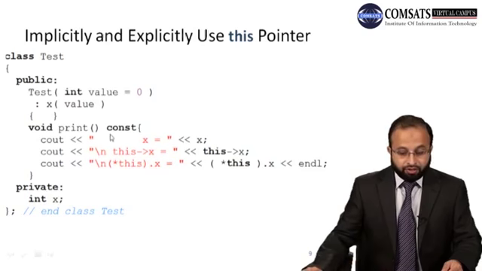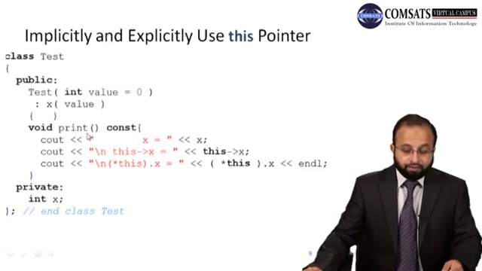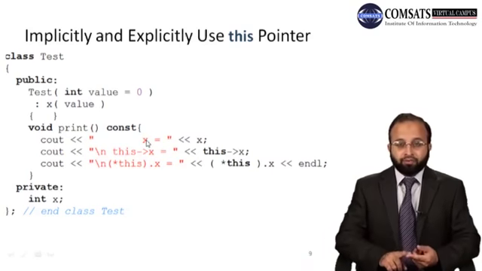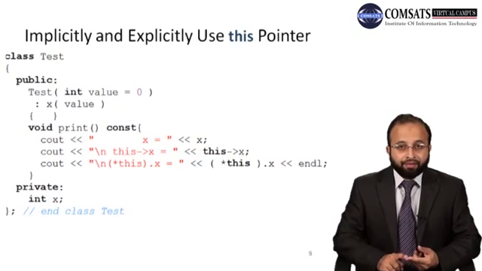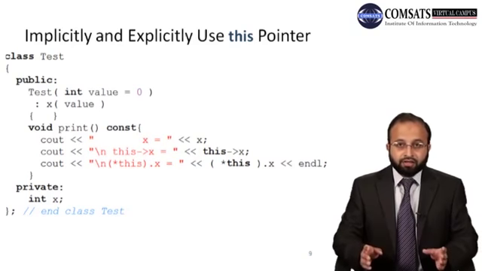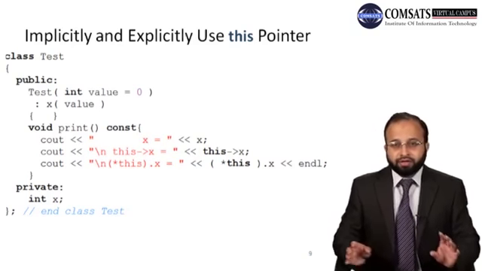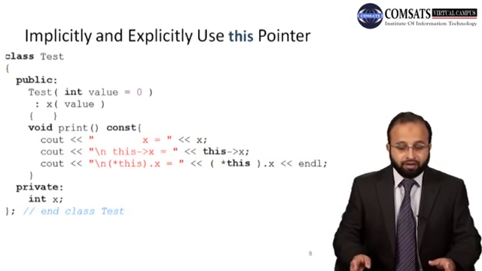So we make this a constant function because the print function won't change the value of the private data member. Now in this first cout statement, we are accessing the private data member, and here the compiler will implicitly use the this pointer to access this value, right? Because whenever you create an object, the this pointer for that object is created by the C++ compiler, right?